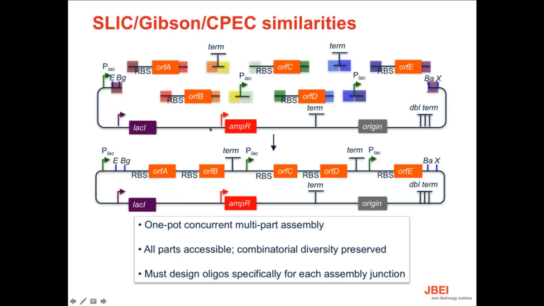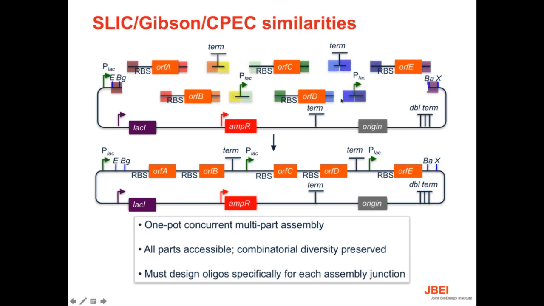So there is some work that needs to be done, and you also have to be careful, as we'll see in a second, about repeated sequences. Say, for example, if you have two PLAC promoters, how do I differentiate this yellow sequence from this bluish sequence? So there are definitely still some challenges.